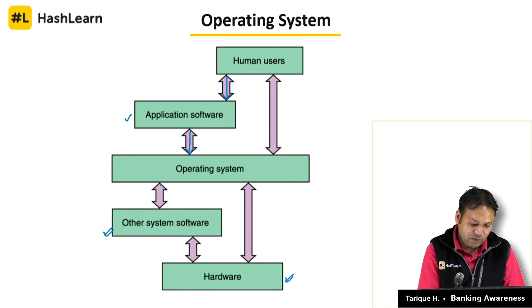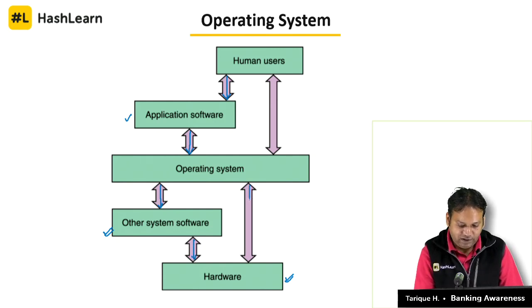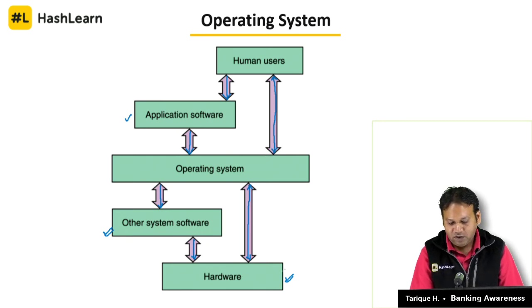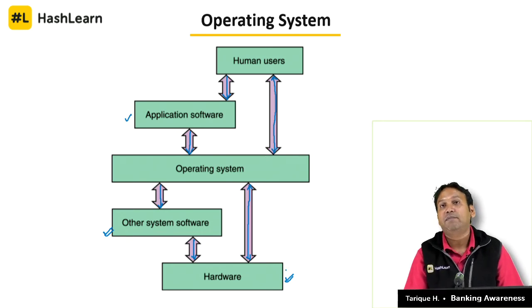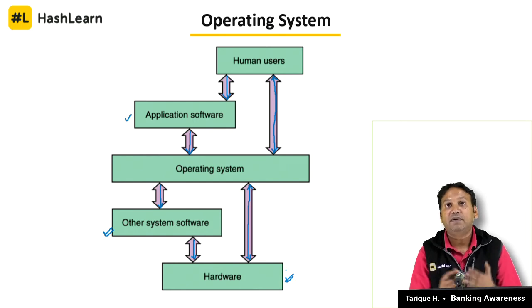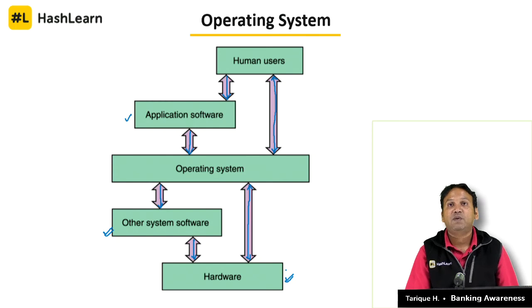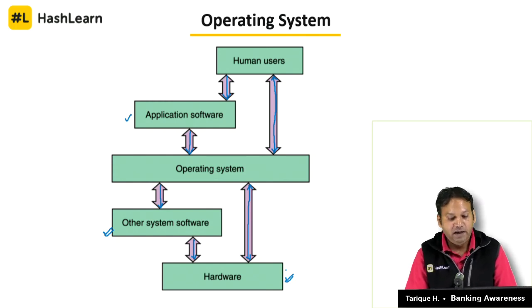If required, it goes through other system software, and finally interacts with the hardware, or we can interact directly with the hardware. So understand, an operating system is a software that allows human users to interact with the hardware of the computer. It's an interface between the hardware and the user.